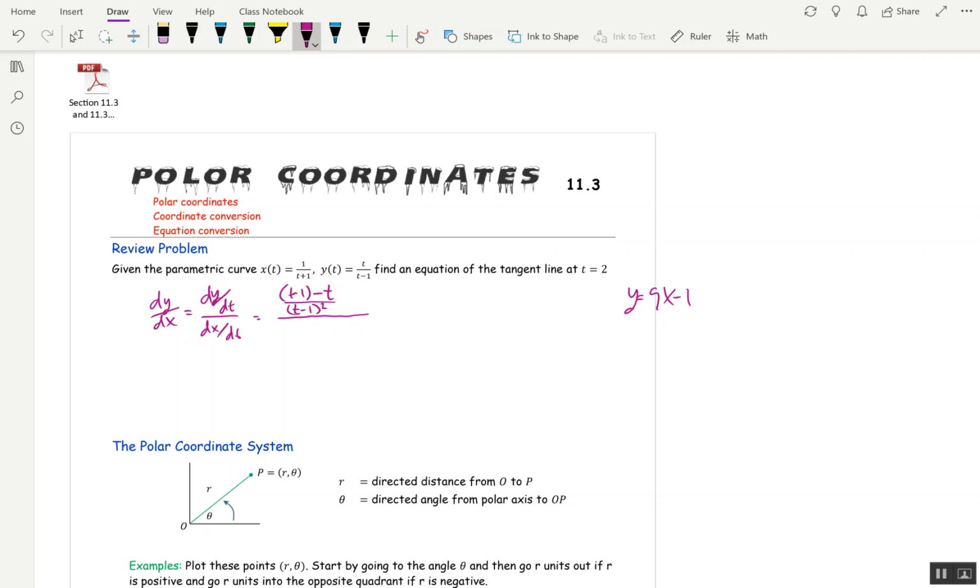Now for dx/dt, I can just use the chain rule. Think of x as t plus 1 to the negative 1. So bring the negative down, subtract 1 from the exponent, and we're going to get negative 1 over t plus 1 squared. All right, the top simplifies to negative 1 over t minus 1 squared.